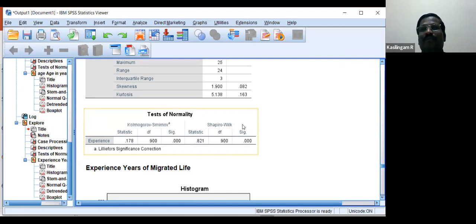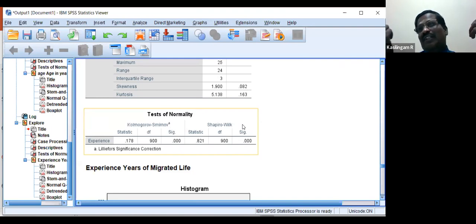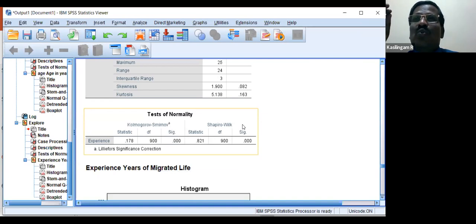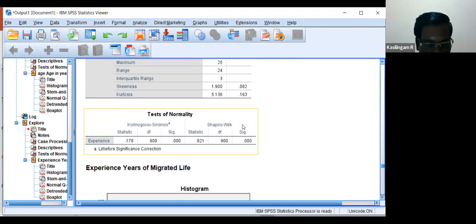Now, we have already seen that when the t value increases, the significant value comes down. So by looking at the significant value, if it is less than 0.05, then reject the null hypothesis.